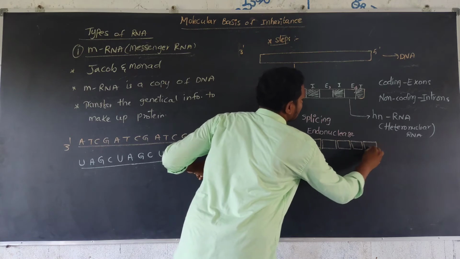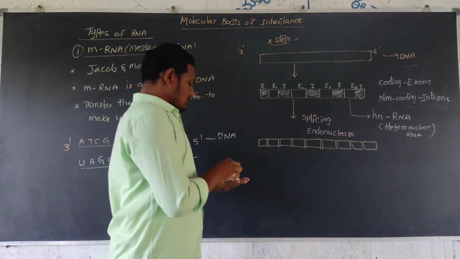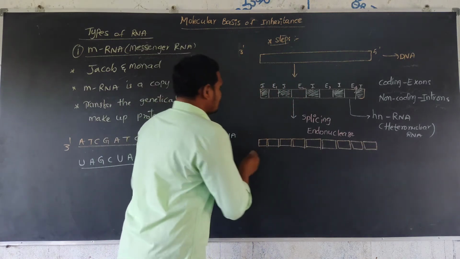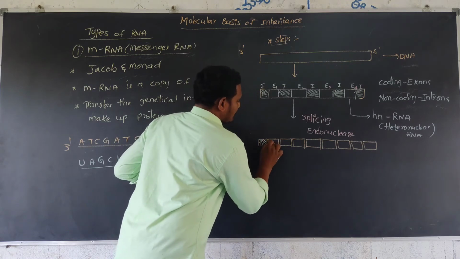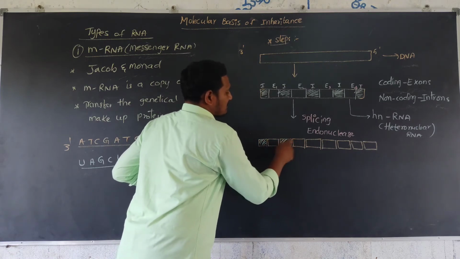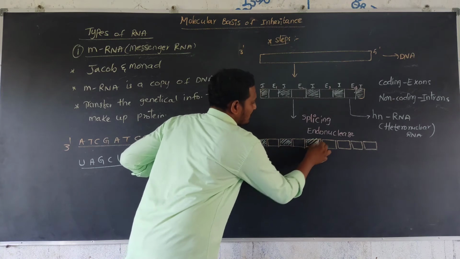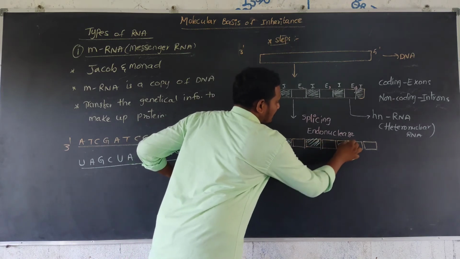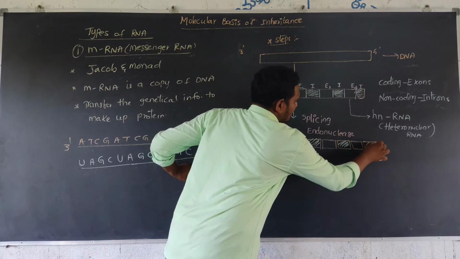Here the non-coding part is intron, then exon, and so on.